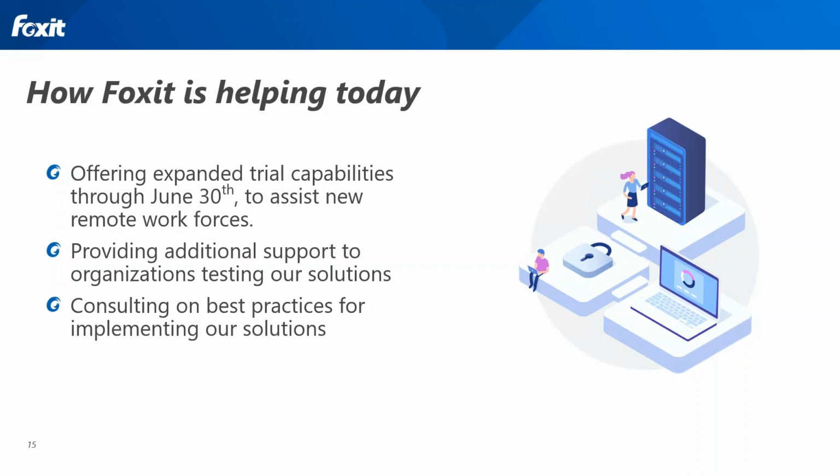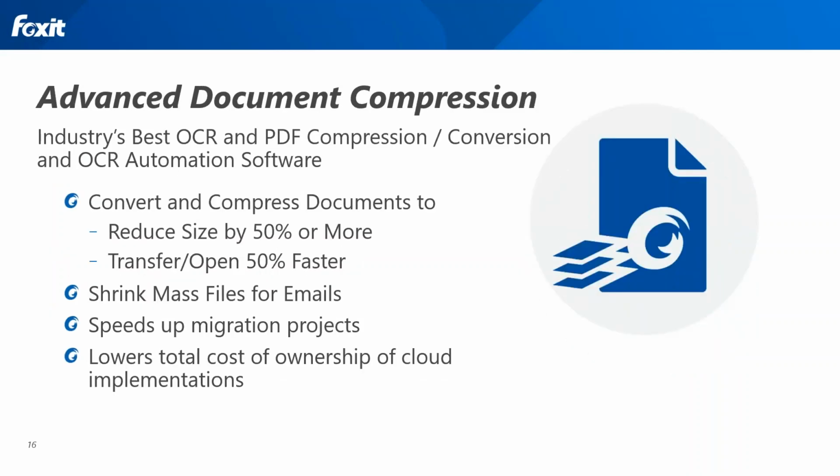Right. And to recap, I just want to go over some of the high points here. Our advanced document compression is really some of the best in the industry. We do a great job OCRing documents, and it is really a great software solution that I highly recommend.